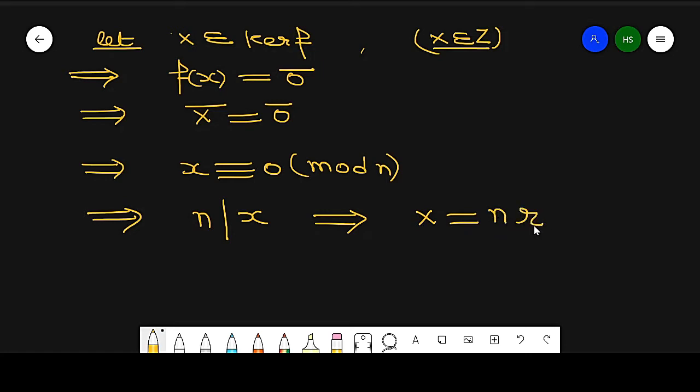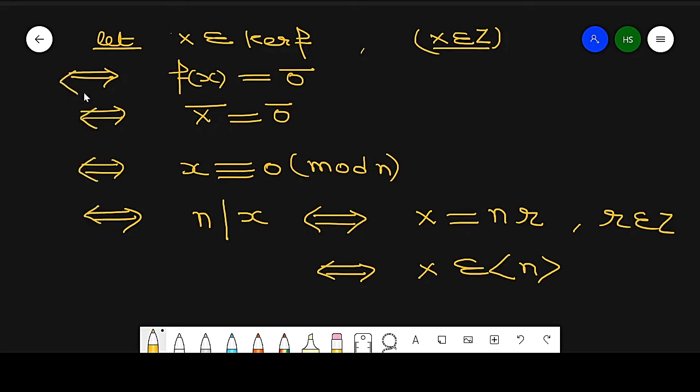A multiple of n means nr, where r belongs to Z. So it means x belongs to the subgroup generated by n. Now reverse this process. So what do we get? We get the kernel of f is equal to the subgroup generated by n.